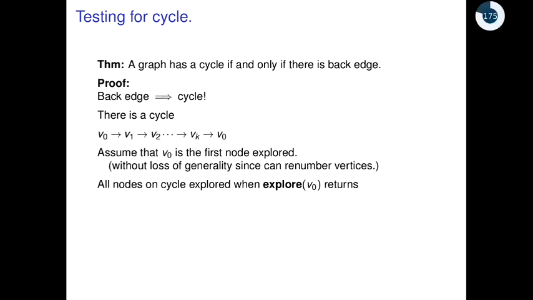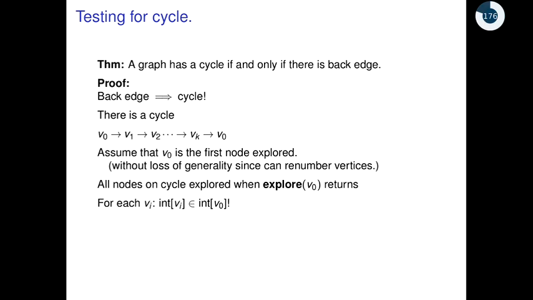Now, all the nodes on the cycle are explored when explore V0 returns. You're sure of that, because if they're not explored, V0 has a path to it, and we know that explore visits everything reachable from V0 before returning from V0. And so therefore, it explores all of these nodes.